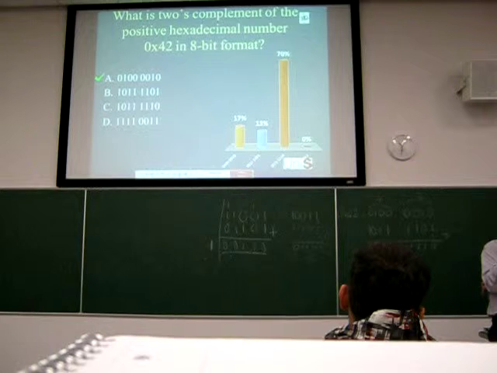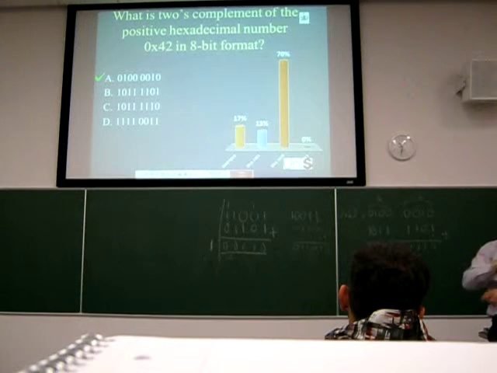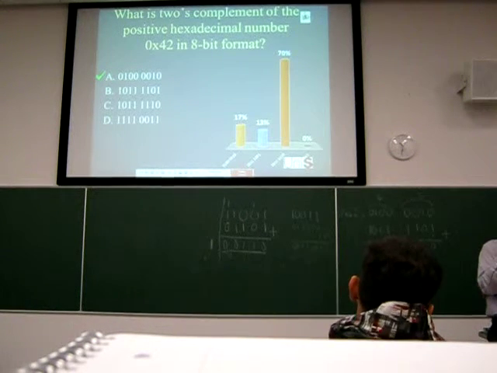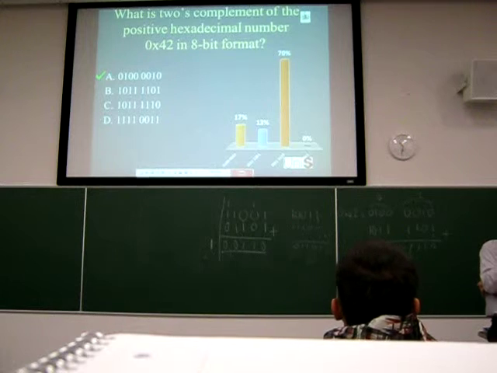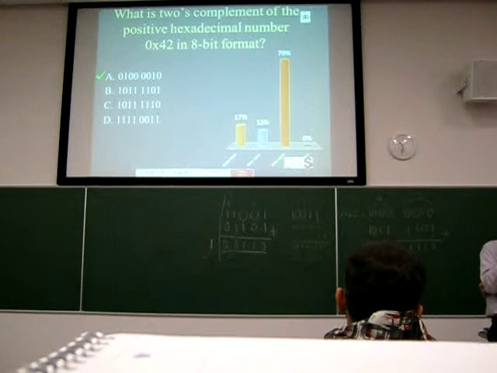Why would you use 2's complement instead of doing the subtraction straightforwardly? It is because we can use the same logic gates that you learned in week 2 or 3, I don't remember, to perform the same subtraction using the same circuit. You don't need another kind of circuit to do a different operation, which is the subtraction.